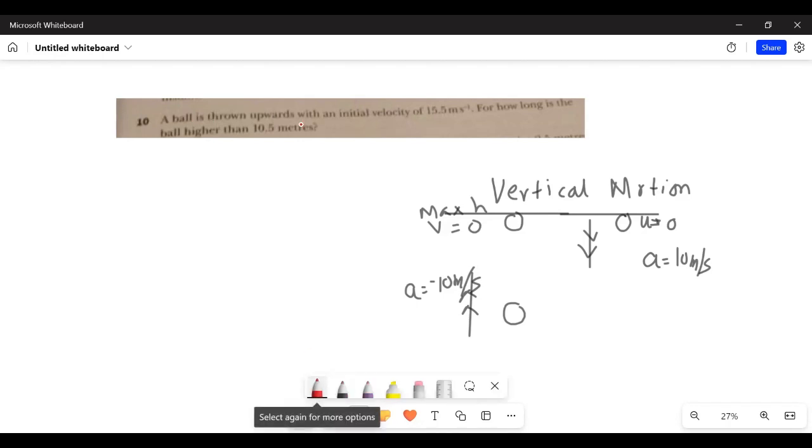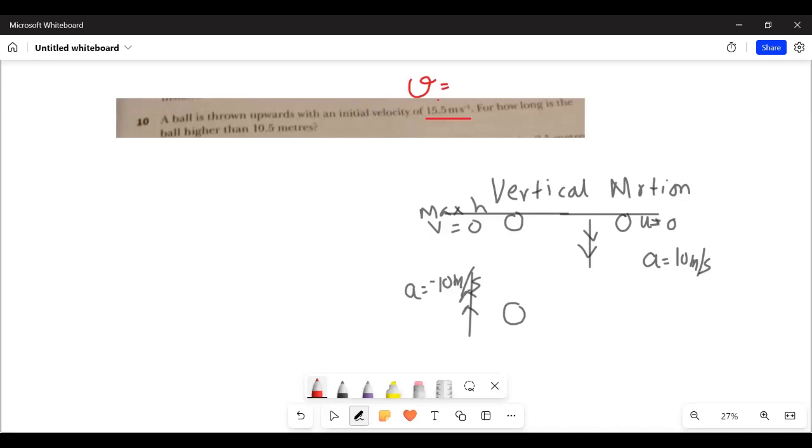Okay, so a ball is thrown upward with an initial velocity of 15.5. So we know U, which is 15.5. So for how long is the ball higher than 10.5 meters?